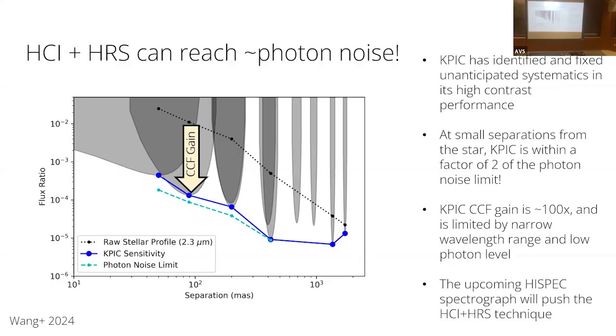I think I saw a hand in the back. Yeah, so if it's a variable star and you're trying to image a planet around the star, how does the fact that it's a variable star affect things? Is it an advantage? Can it be helpful in some form, or do you think it might?